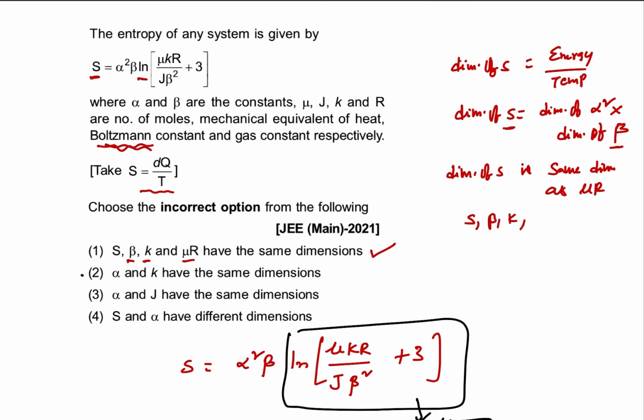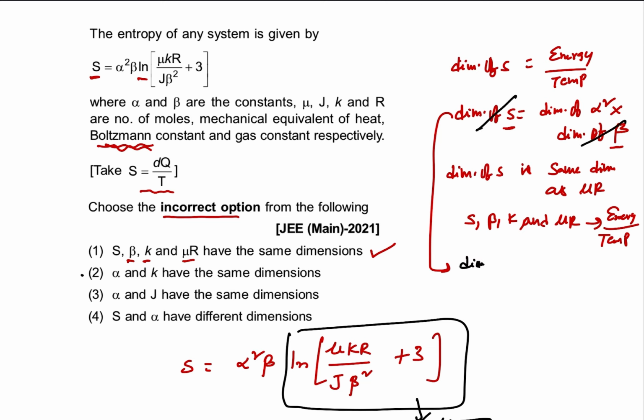Okay, now you can write it as first option is there now having same dimension. So S, beta, k and mu r is there now that having same dimension, that is energy by temperature. Now which of the following is incorrect they are asking. You check that what are the dimensions of alpha and j.